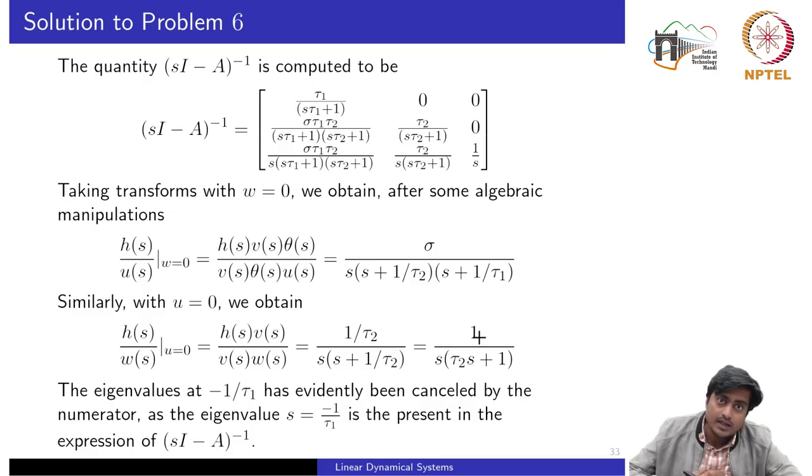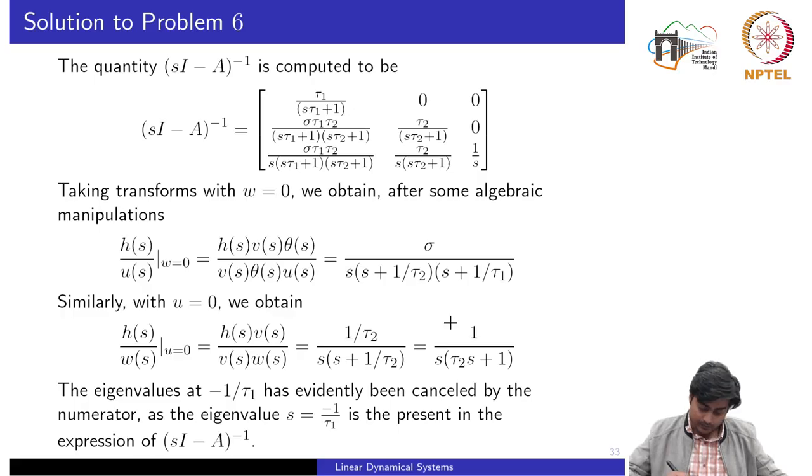So if I see the input output signals, that is H and W, that mode or eigenvalue is basically hidden from the input output signals. You can also visualize how that eigenvalue has been cancelled out.